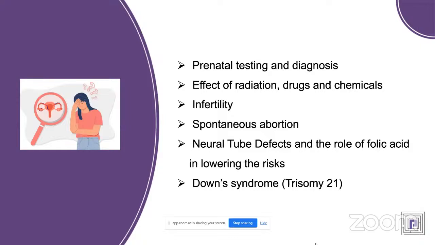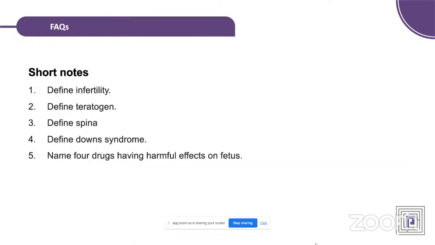Prenatal testing and diagnosis, effect of radiation, drugs, and chemicals on pregnancy and infertility, spontaneous abortions, what are the neural tube defects, and what is the role of folic acid, which lowers the risk of neural tube defects, and Down syndrome. These are some important questions asked in this chapter.